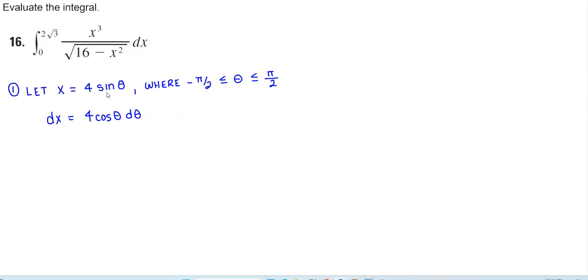Okay, so now the reason why we're choosing that is because of the square root of 16 minus x squared. So let's go ahead and take a look at that.